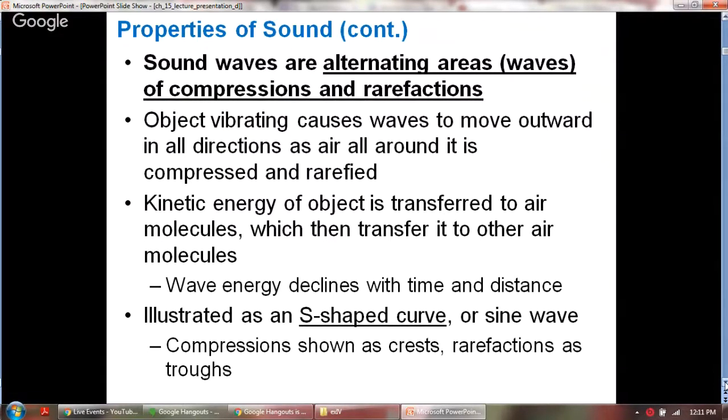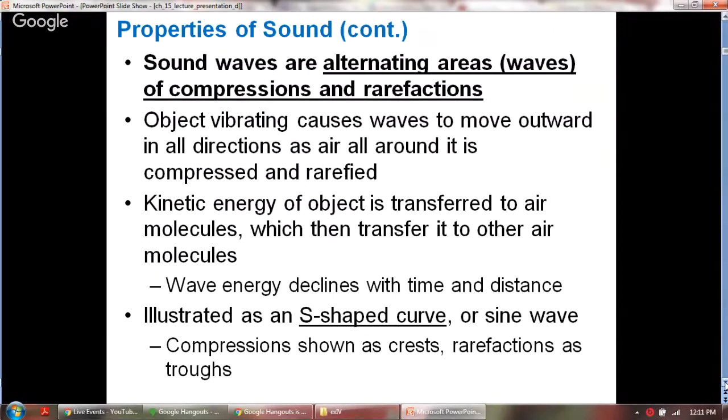Objects vibrating cause waves to move outward in all directions as air all around is compressed and rarefied. The kinetic energy of the object is transferred to air molecules, which then transfer it to other air molecules, and the wave energy declines with time and distance.